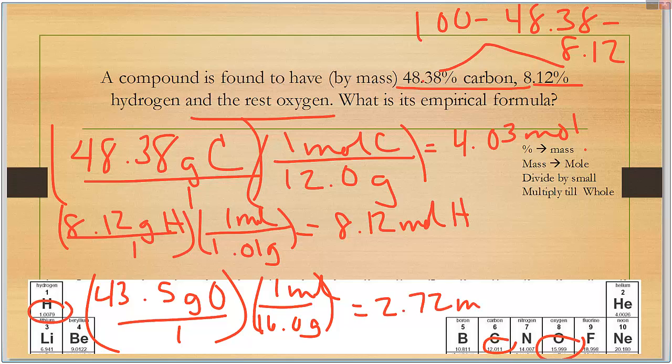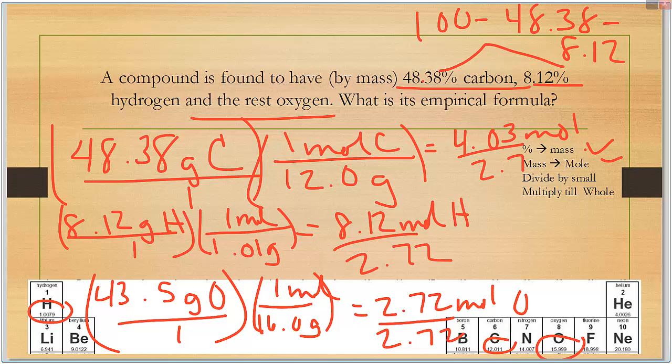Divide, so we have percent to mass, mass to mole, divide by small. We have 4.03, 8.12, and 2.72. The smallest is 2.72, so that's what we're going to divide by. This comes out to be 1 for oxygen. Hydrogen is approximately 3, and carbon is approximately 1.5.